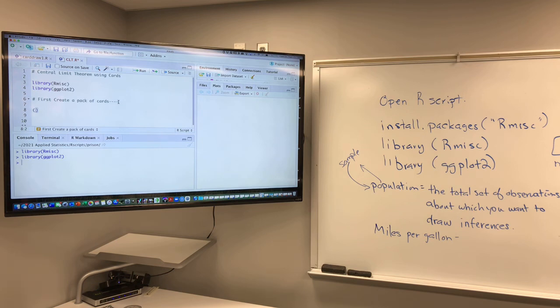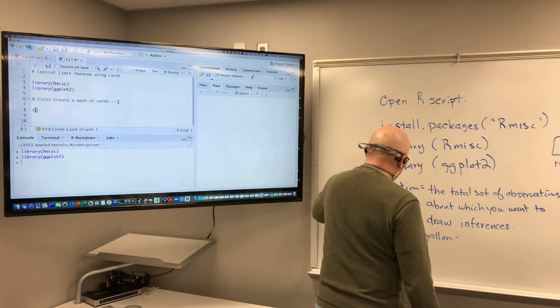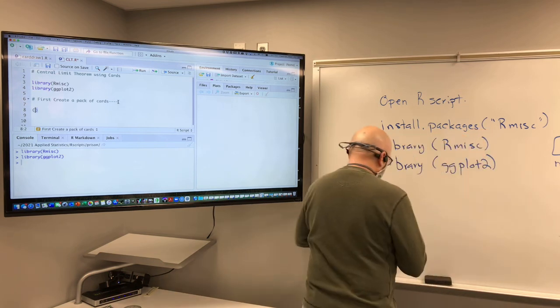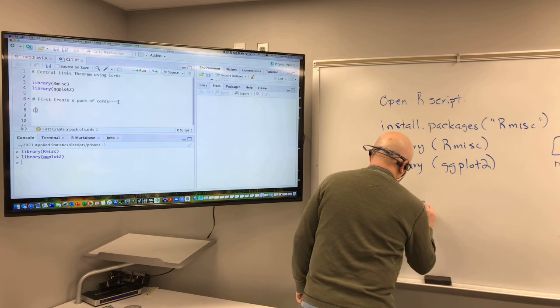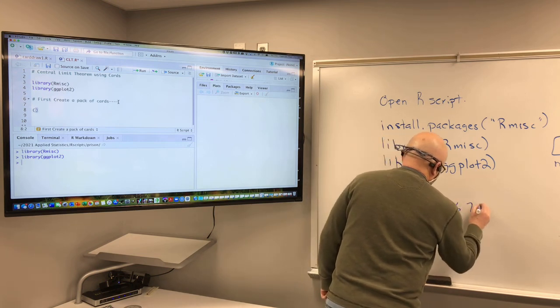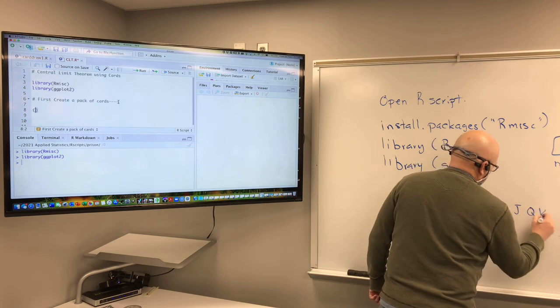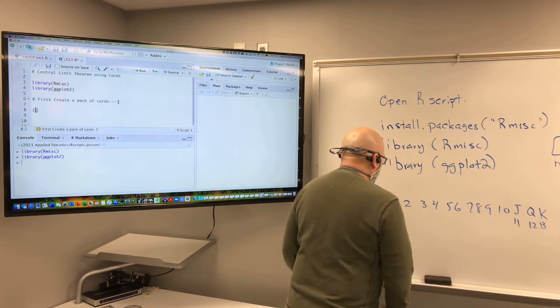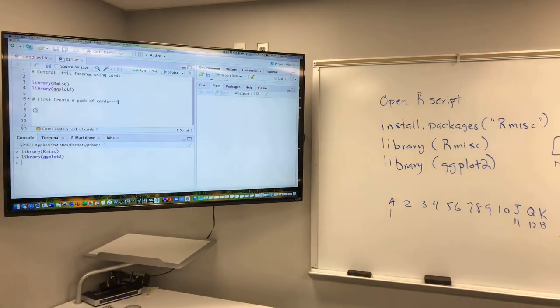So in the card drawing exercise, we took a population of cards: ace, 2, 3, 4, 5, 6, 7, 8, 9, 10, jack, queen, king, or 1 through 13. We assigned numerical values to all of the cards, including the face cards that don't have numbers.